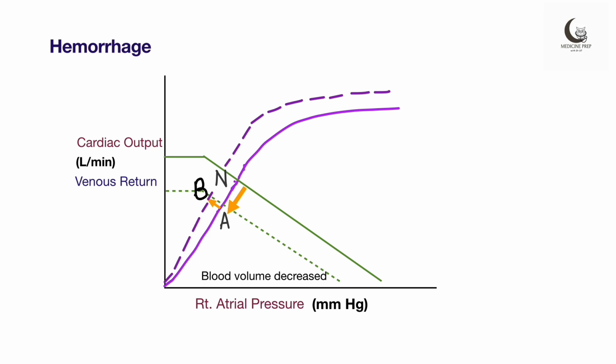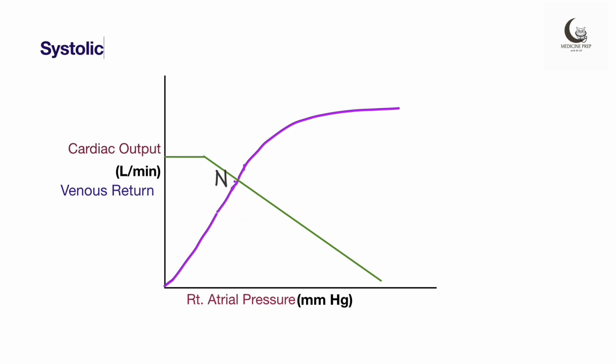Now, let's see what happens during a systolic heart failure. So we all know systolic heart failure is due to a reduction in contractility. So your contractility curve moves towards the right.